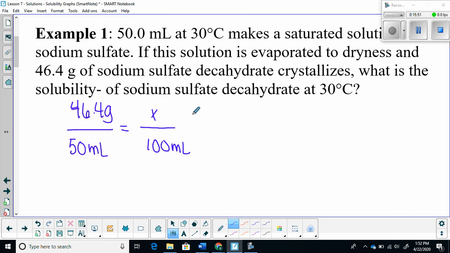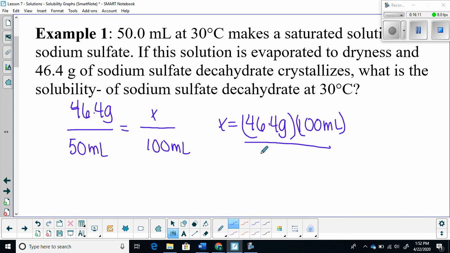So what we're going to do is find X. I'm going to isolate for X. X is equal to 46.4 grams multiplied by 100 milliliters divided by 50 milliliters. Once I plug that all in, I find out that X is equal to 92.8 grams. Okay, we have our number there.